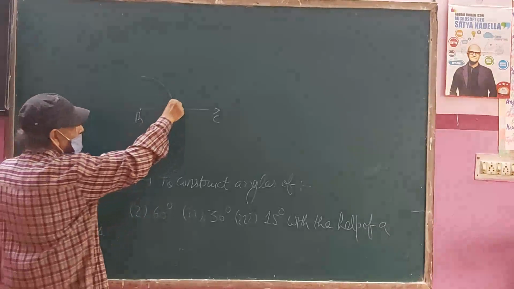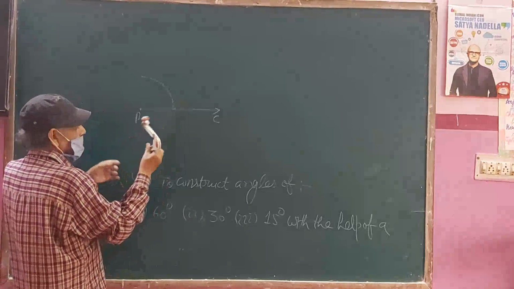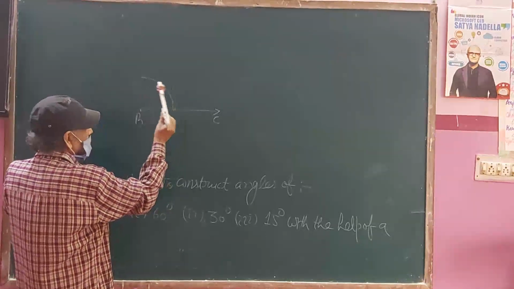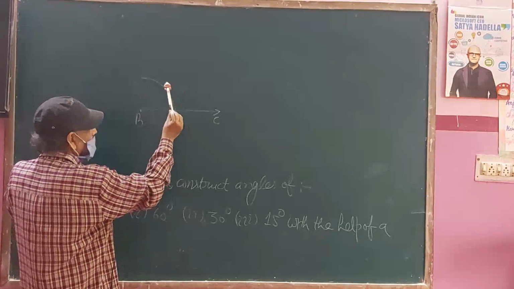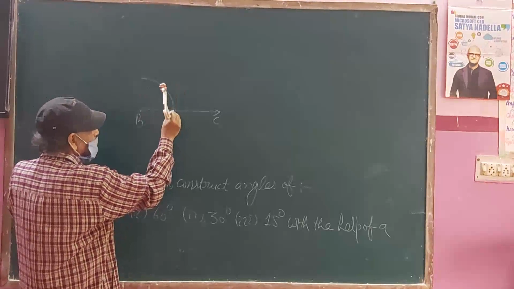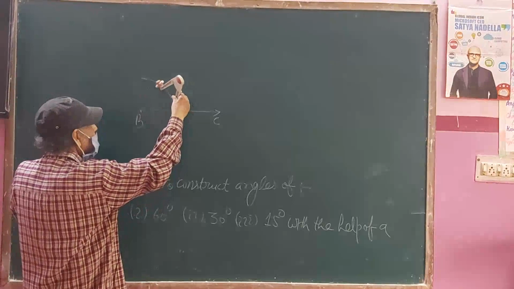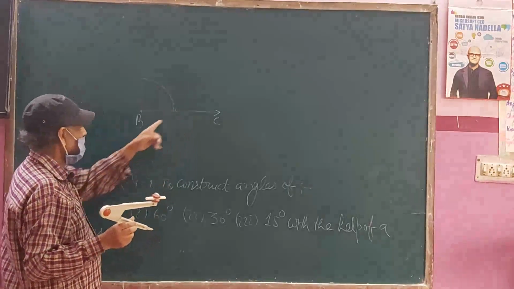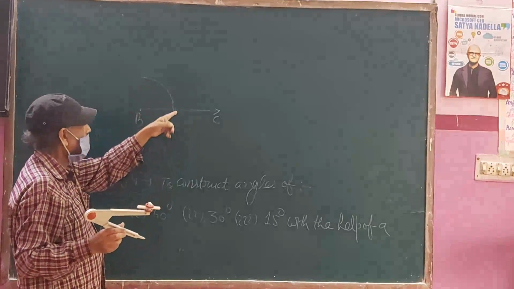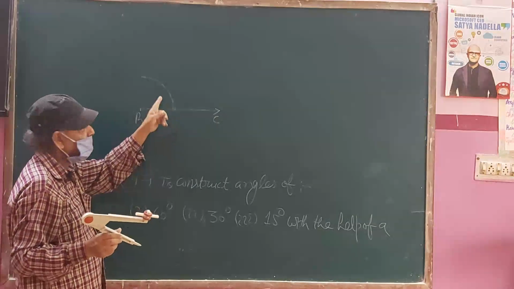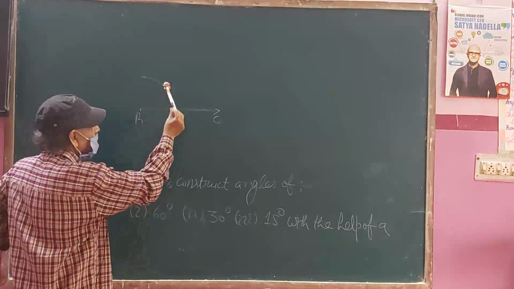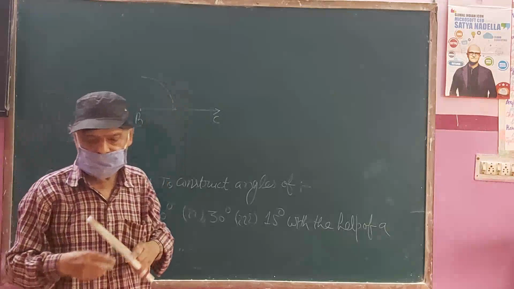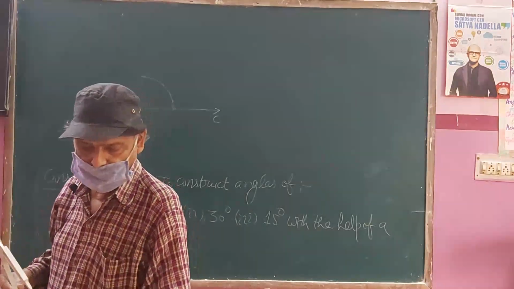Now I will take again this non-pencil end and keep it here. This is the cutting point, say D point, and with this same opening without disturbing it, just again mark an arc over the former arc. Put your non-pencil end here and just mark it and join this. You will get a 60 degree angle.